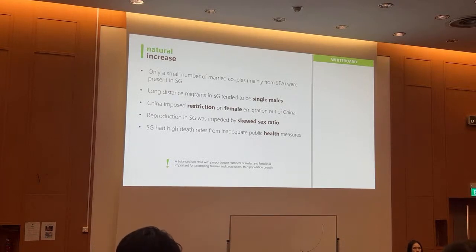Now we talked about migration just now, how about natural increase? Just now I said natural increase does not really feature at this point in time. Why? Because at that time, most of the migrants coming in were single males. You may have some small number of married couples from the nearby regions coming in as well.